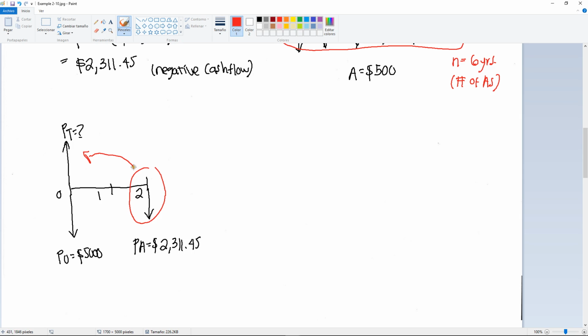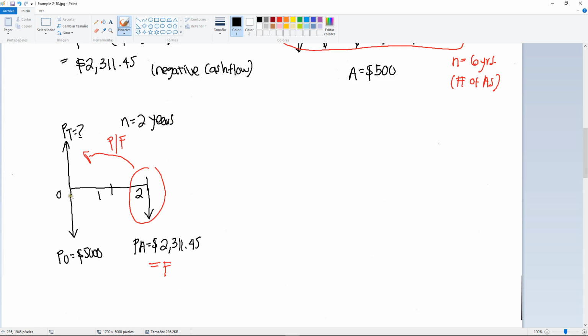This is no longer going to be a P because your P is in year 0. So this one right here becomes an F in year 2. So now here you're going to find P given F. And what is your N in this case? My N here is going to be 2 years. Why?